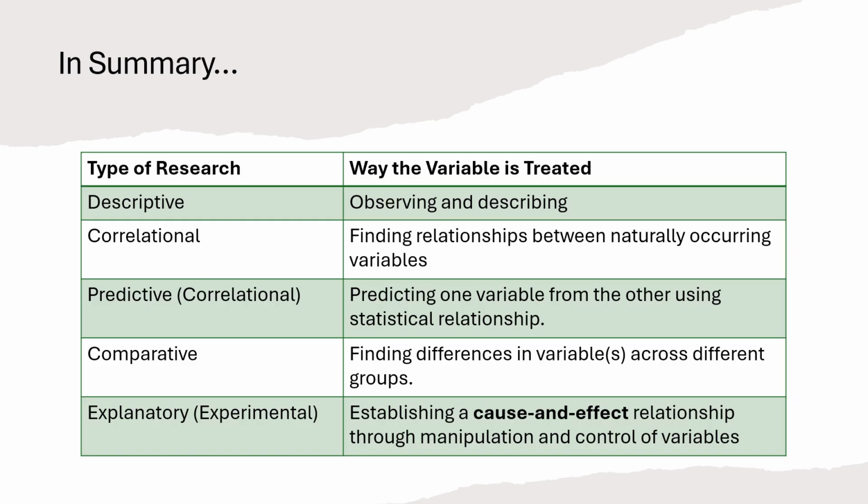Third one, comparative, finding differences across different groups. Fourth one, explanatory, which is also experimental, establishing a cause and effect relationship through manipulation and control.